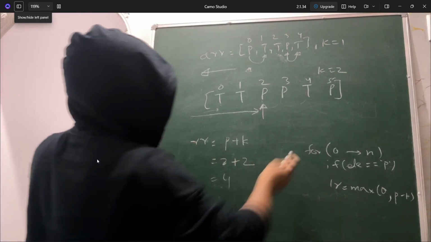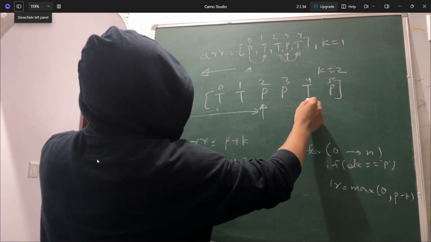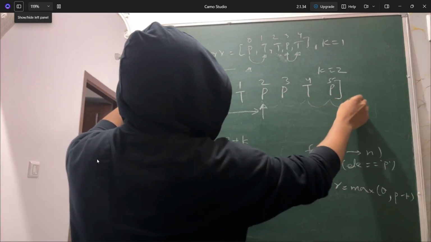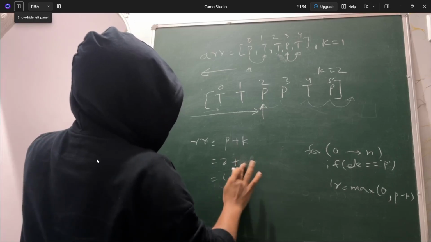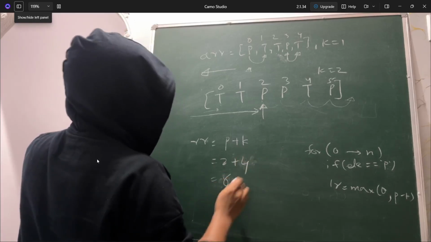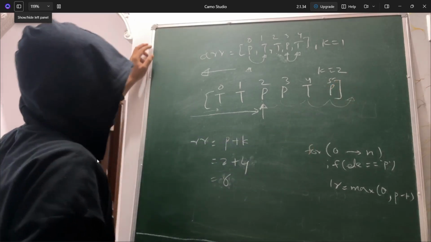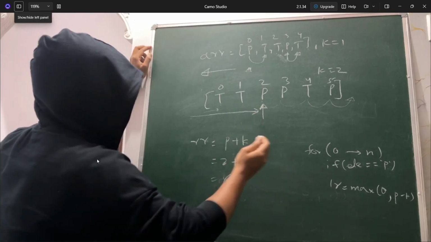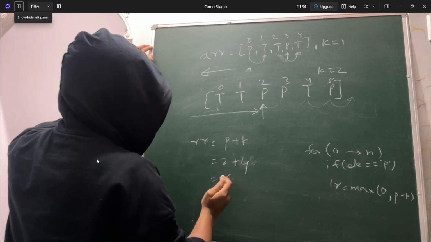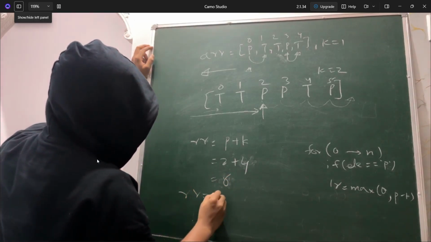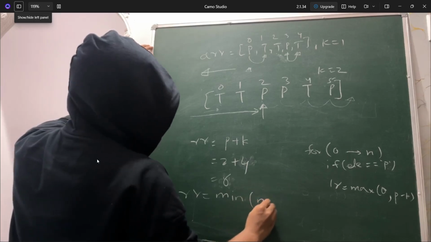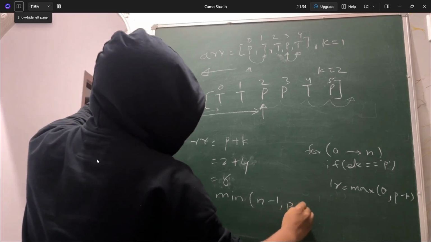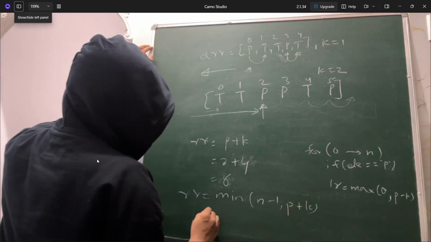But what if k was 4? In that case this is distance 1, distance 2, distance 3, and distance 4. If k was 4, it would have been 6, and it will go out of the integer range. So we will have to traverse till the bound only. In that case the right range will be the minimum of n minus 1, which is the last index of the array, comma p plus k.